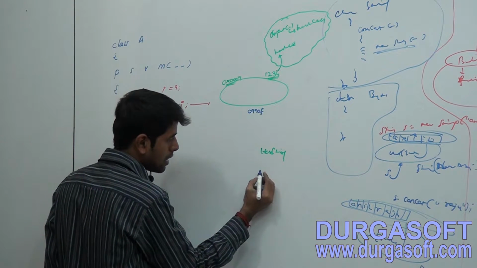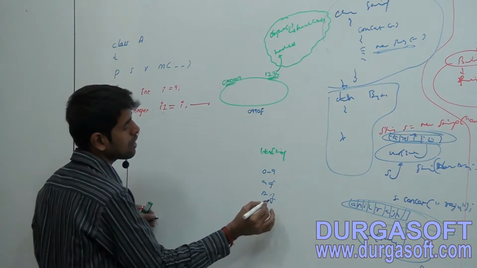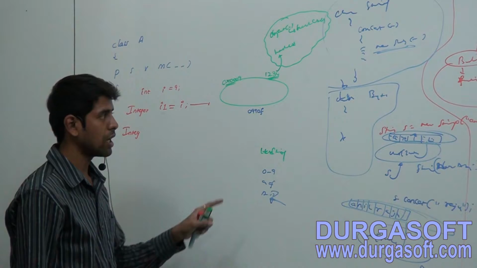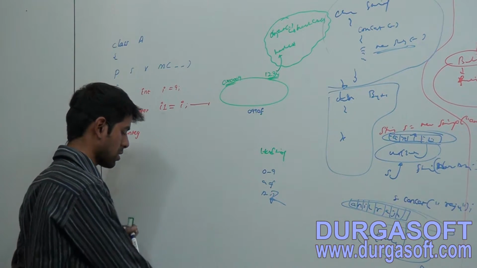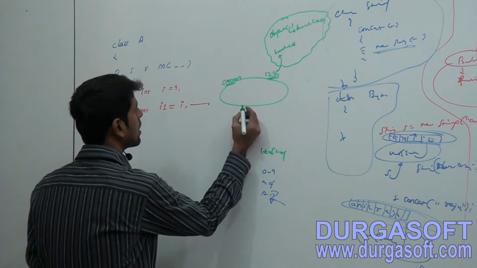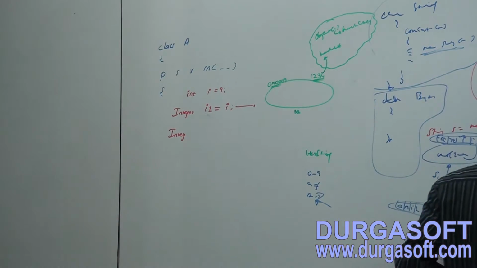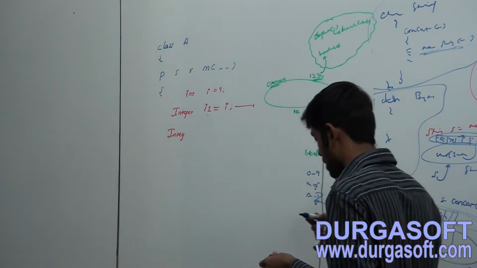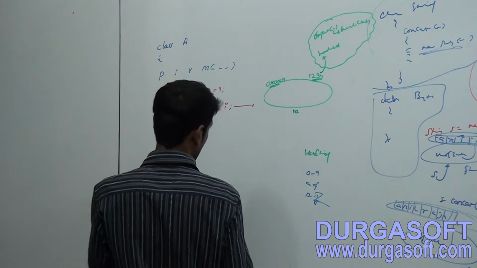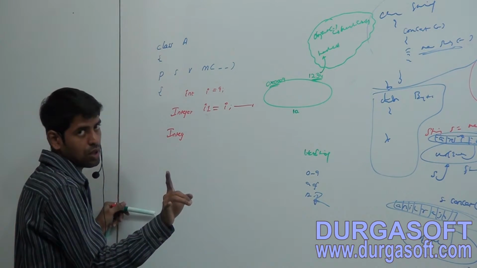Hexadecimal range is 0 to 9, A to F, or capital A to capital F. So I have taken any number, guys, so let me take a simple number. Let it be 1A. Okay, now observe here.